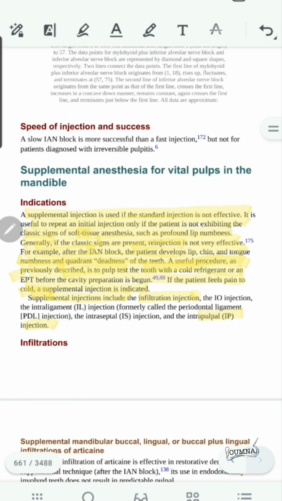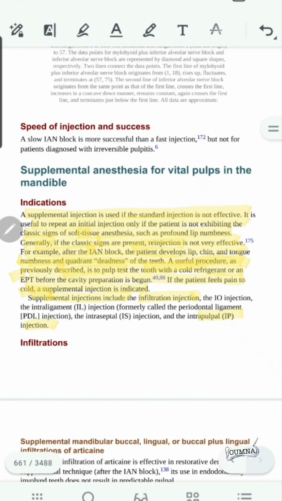When we do an inferior nerve block and the patient has the soft tissue signs like numbness of the lip or the tongue, but when we start doing the procedure the pulp is still hurting, we do not give an additional block ampule.